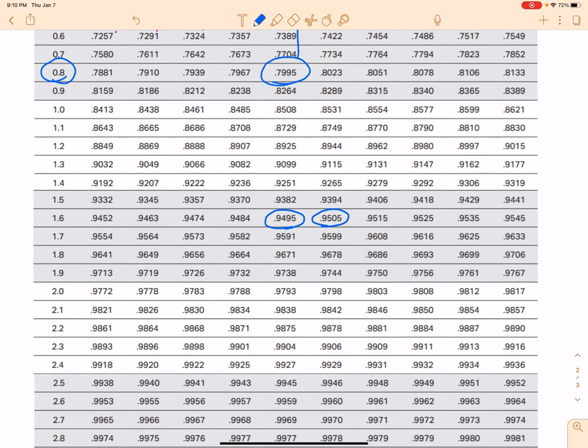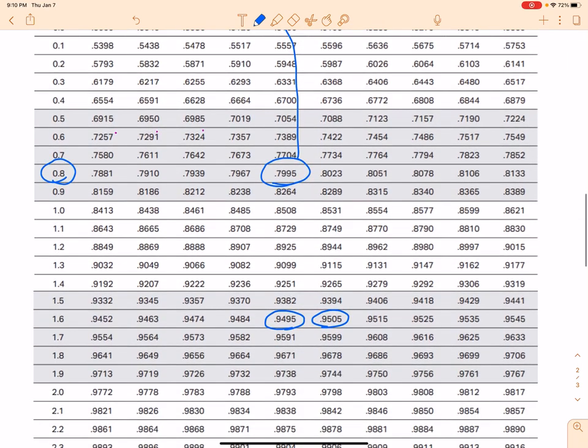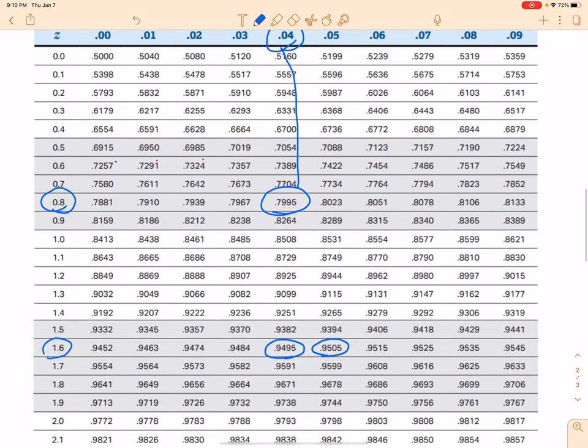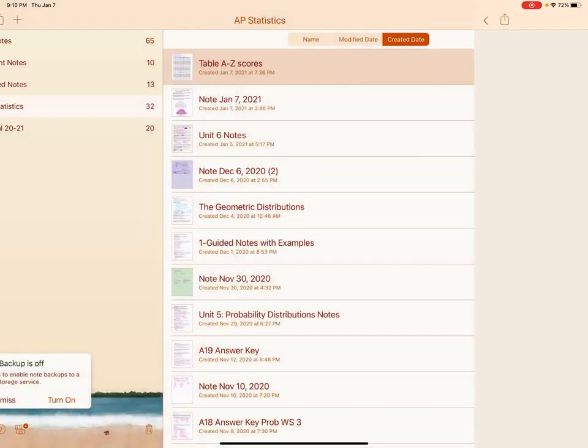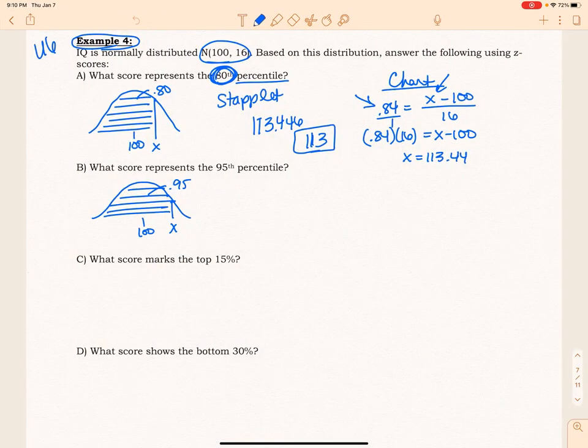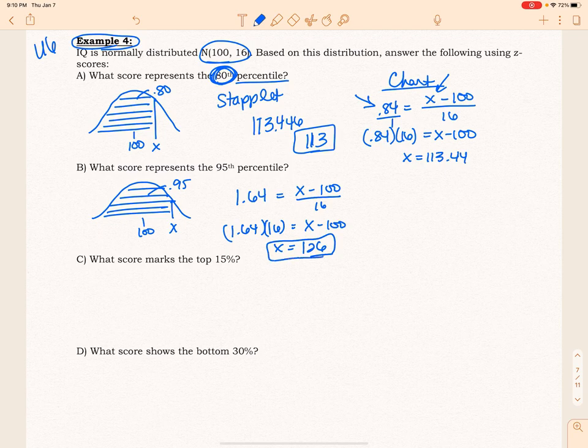Well, they're the same distance away from 0.95, so use whichever one you want. I really don't care. So I'm just going to use 1.64, this one right here. So 1.64 equals x minus 100 over 16. I cross multiply. And then, of course, I add 100 to both sides, and I get roughly 126. There you go.